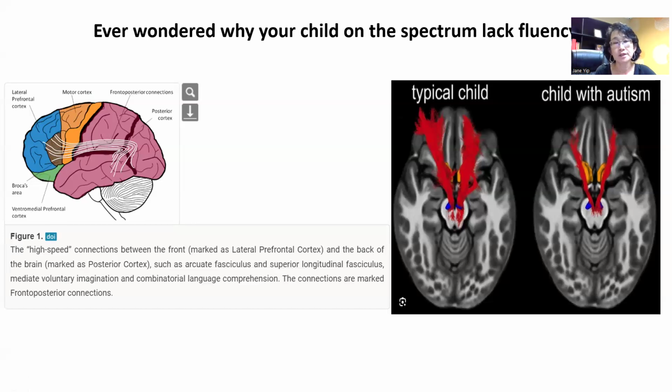And typically you can see that their speech does not happen smoothly. So they may have a word here and a word there, and maybe interspersed by a lot of empty space and time. It's because the lack of transmission and connectivity in the brain.